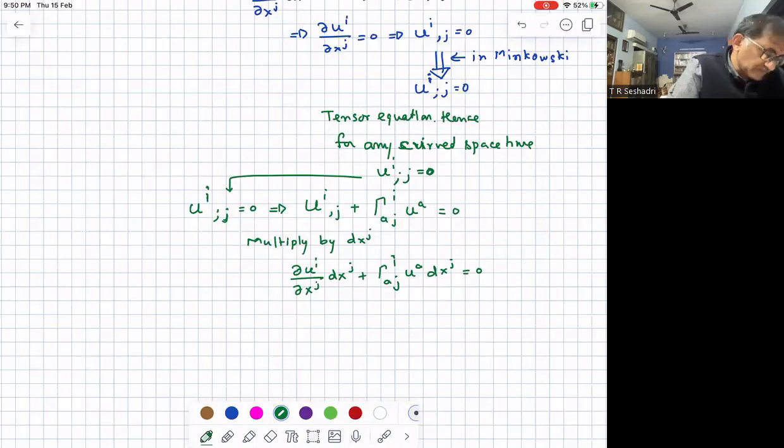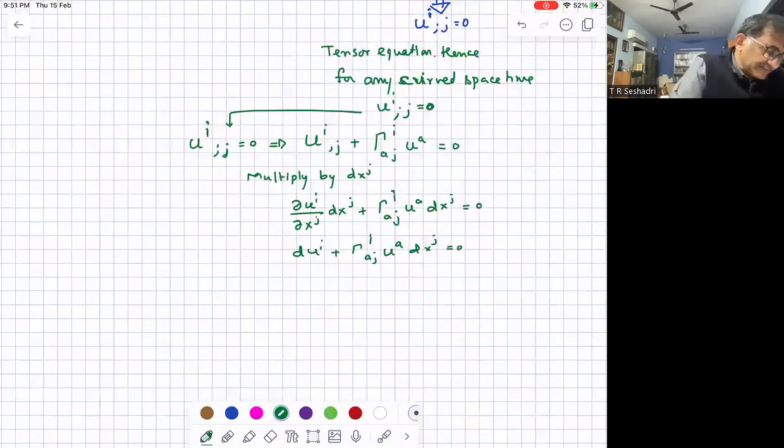So this will be du^i plus Gamma^i_{aj} u^a dx^j equal to 0. Now divide throughout by ds. du^i/ds, because it's a scalar.